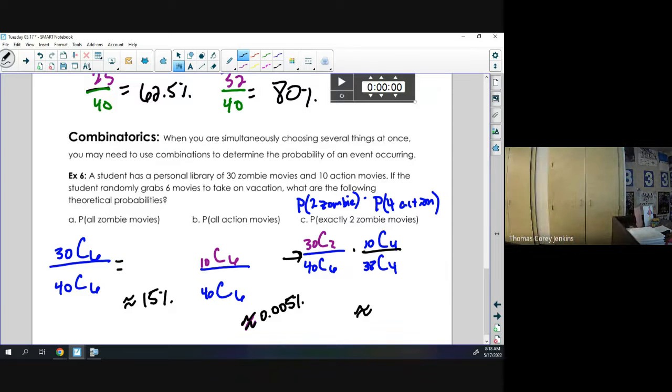Your number is going to be between 0 and 1%. Well, that doesn't really help us too much, but your answer is going to be in the tenths of a percent. How about that? That narrows it down a little bit.